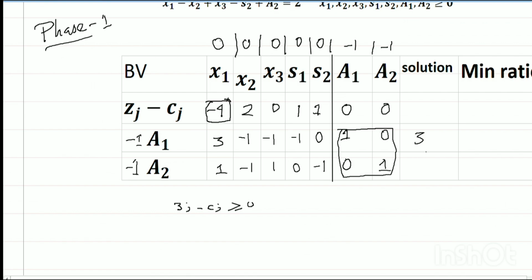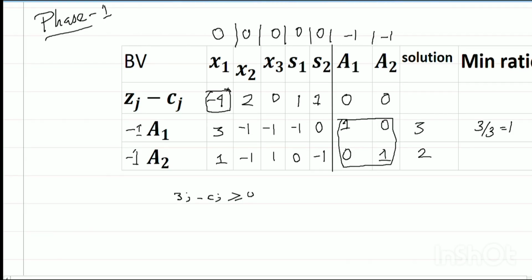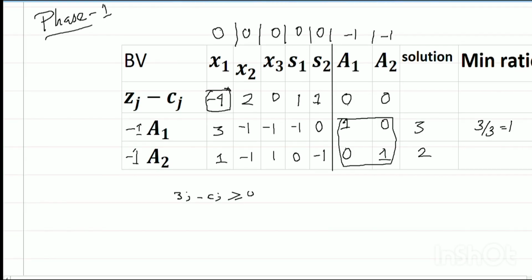So min ratio, how can I find it? 3 by 3 is equal to 1, and 2 by 1 equals 2. So the min ratio is here, and this is my pivot element.